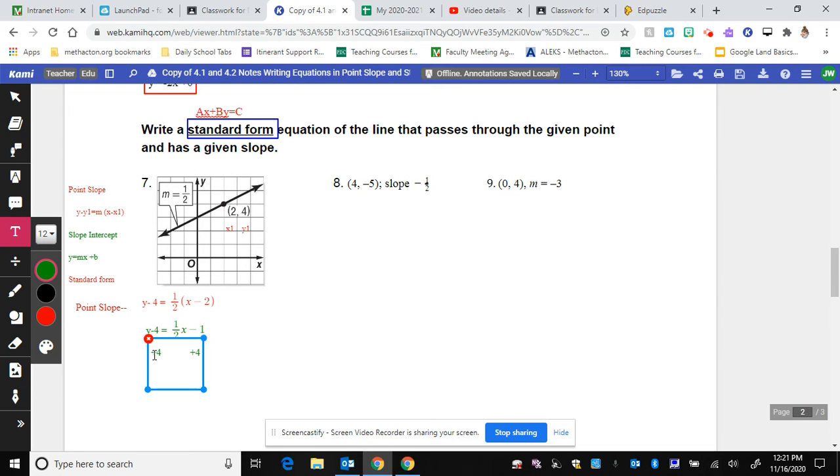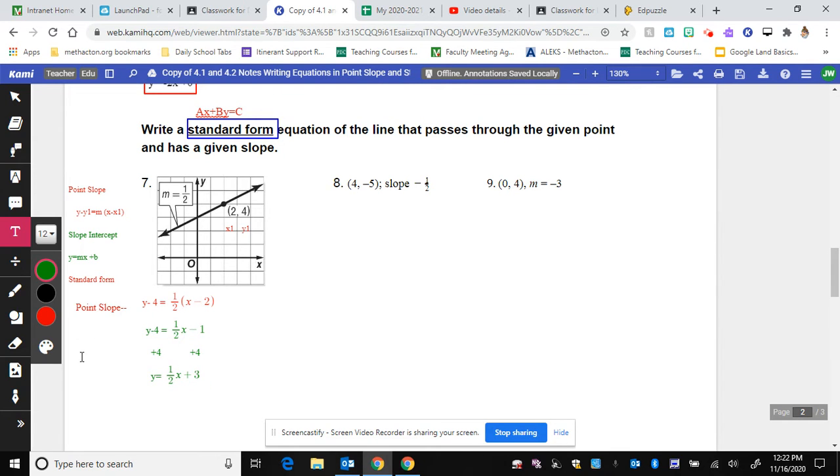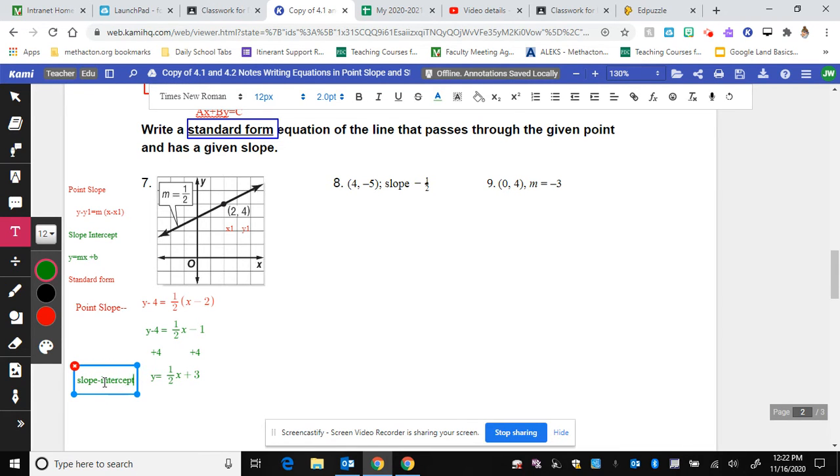That's going to leave me with y on this side, 1/2 x and -1 plus 4 gives me plus 3. So now I'm in slope intercept. I'm in that y equals mx plus b.